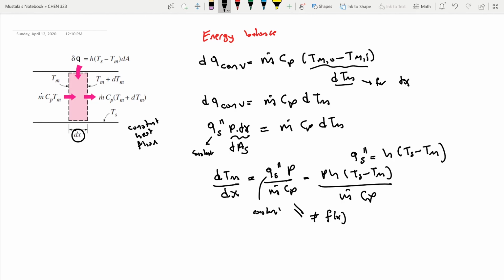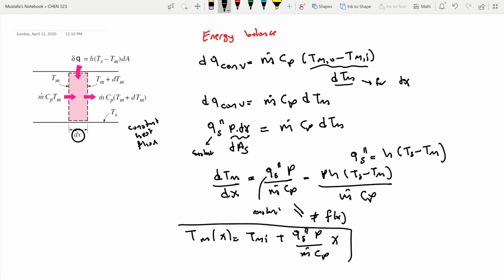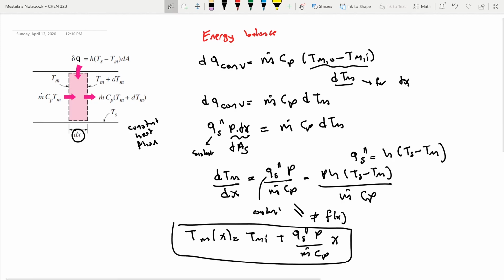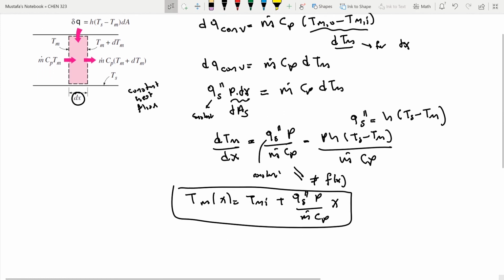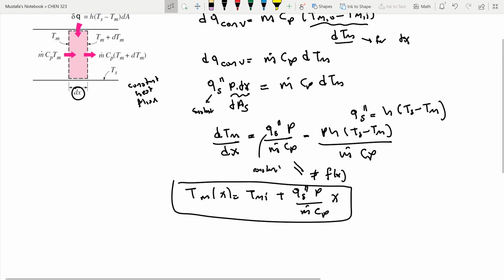That means I can simply integrate this: Tm of x is equal to Tm inlet plus heat flux multiplied by perimeter divided by mCp, multiplied by x. So this is the variation in temperature with respect to position.